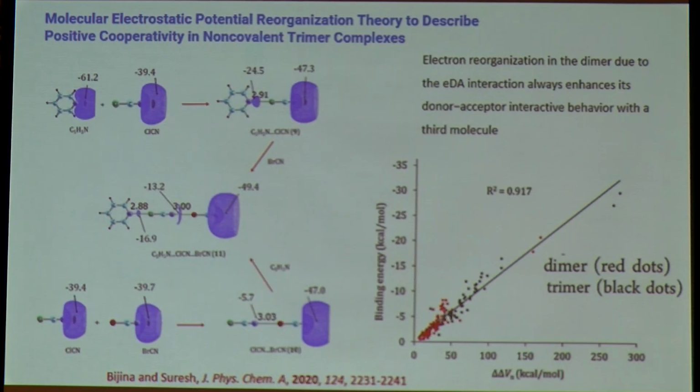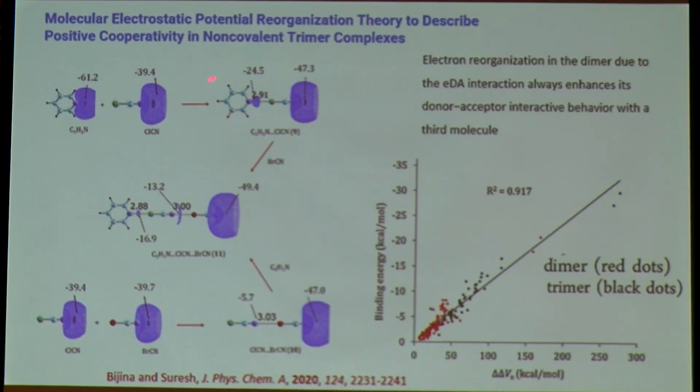We also found another interesting thing. See, in this dimer, pyridine is interacting with cyanogen chloride, ClCN. This is the lone pair on the cyanide nitrogen center, and this is on the pyridine nitrogen, which interacts with the chlorine. So there is a halogen bond. There is a corresponding change: negative potential is increased on the cyanogen nitrogen center, and there is dimer formation here.